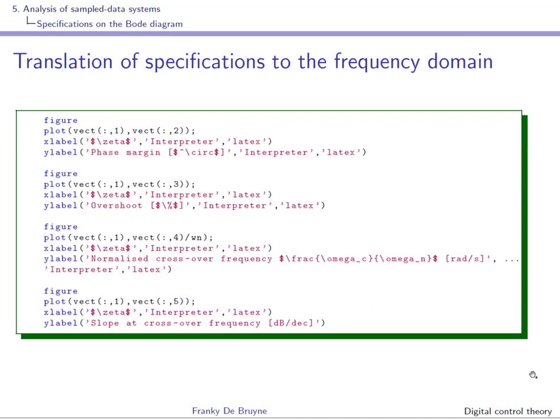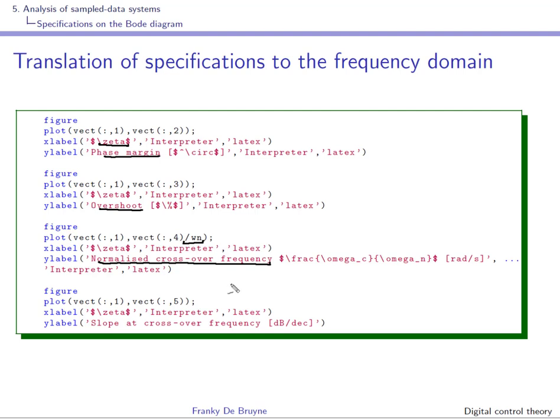You can see here that we plot a number of things as a function of zeta. So we plot, for instance, the phase margin, the overshoot, the normalized crossover frequency. You can see here that we normalize everything with respect to the natural frequency. So here in these four plots, everything will become independent of the natural frequency that we have chosen.